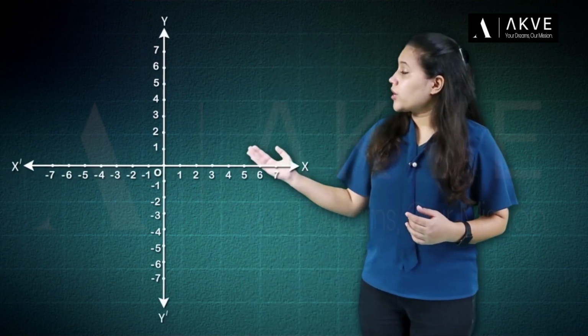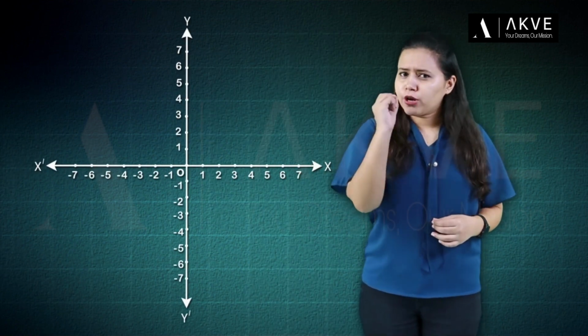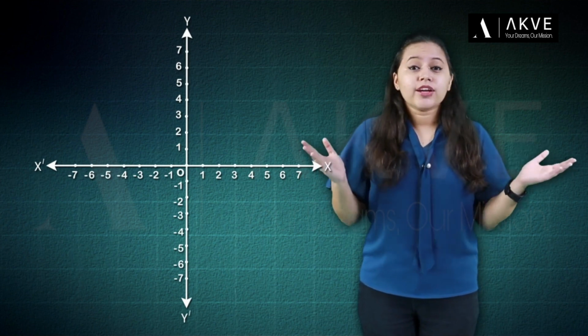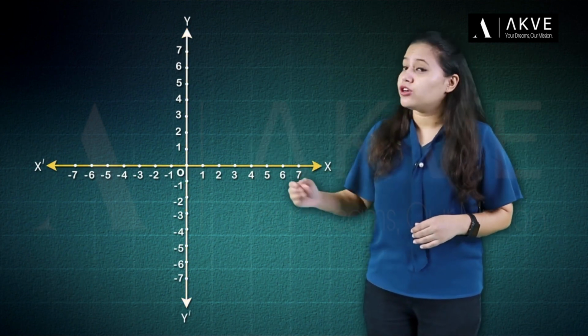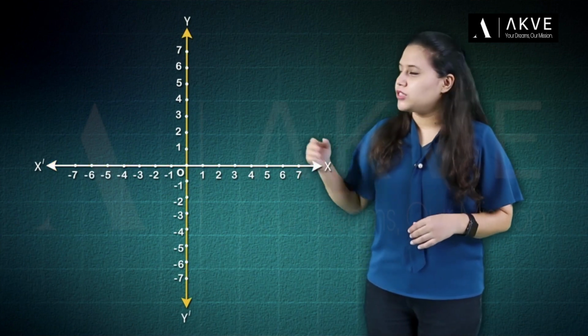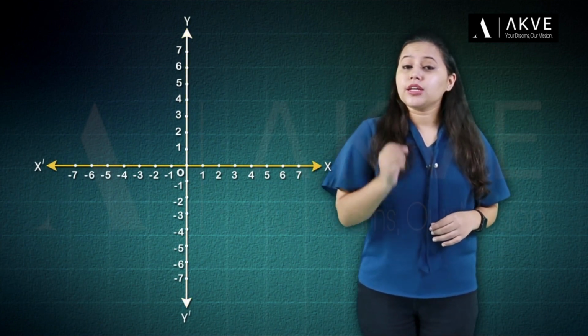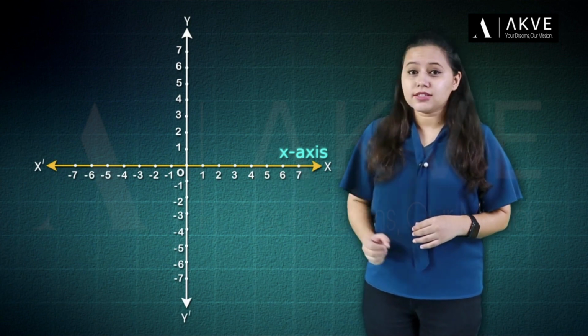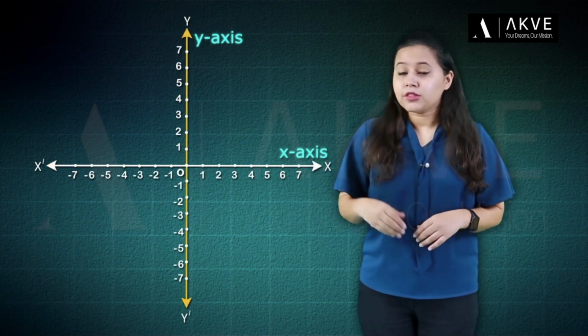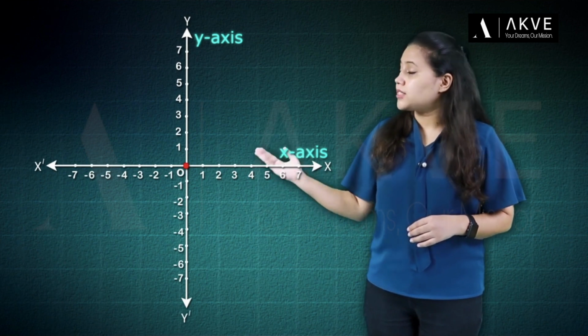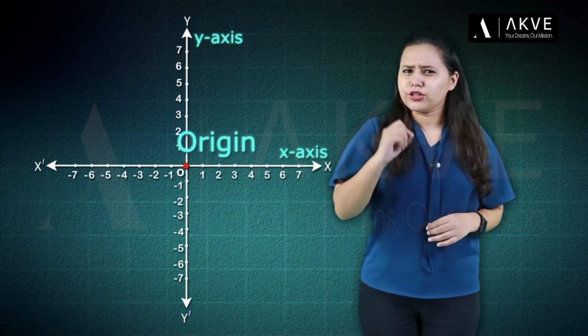Now, before moving forward, let's revise what we have studied in the previous video. We saw that to locate the position of an object or a point in a plane, we require two perpendicular lines. One of them is horizontal and the other is vertical. The horizontal line is called the x-axis and the vertical line is called the y-axis. The point of intersection of these axes is called the origin.